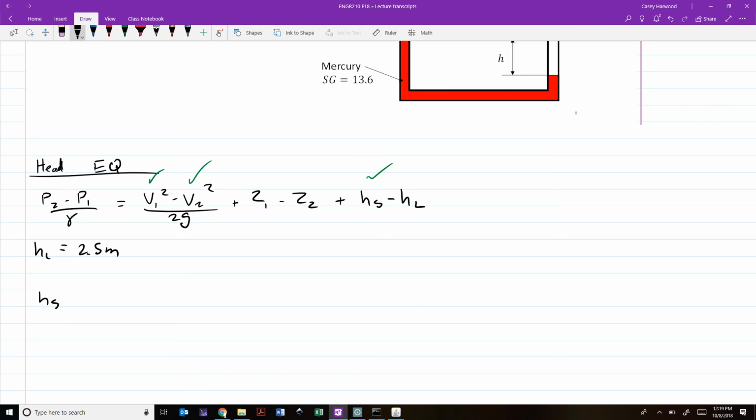We could find H sub S in this equation right here, divided by Q dot rho dot G, which would be 6 kilowatts over 0.065 meters cubed per second times 9.81 kilonewtons per meter cubed. And this would work out to a value of 9.41 meters.